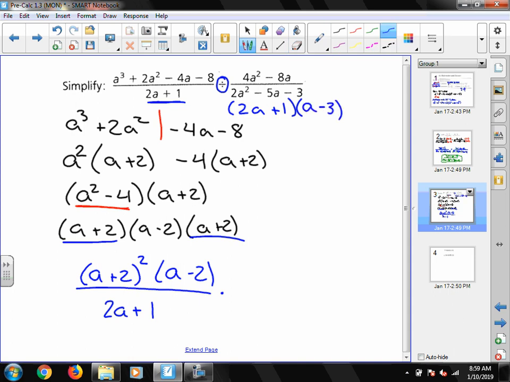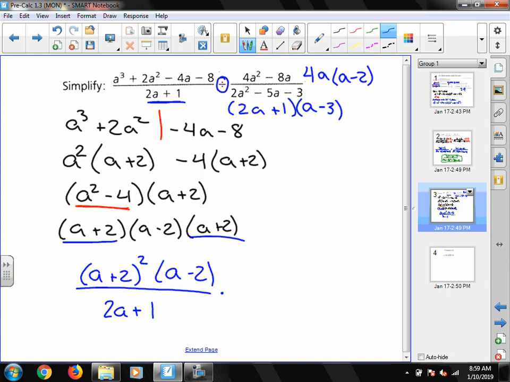Okay, 4a squared minus 8a, just so that we're all on the same page here. This is not a difference of squares. 4a squared is a perfect square, however 8a is not. So the only thing I can take out is a common factor. So I can pull out a 4a from both of those, and I'm going to be left with a minus 2.